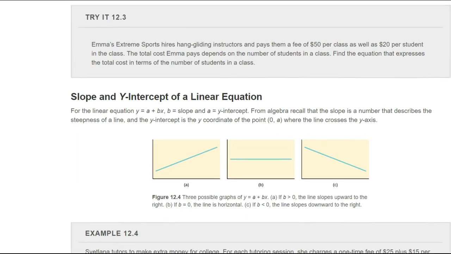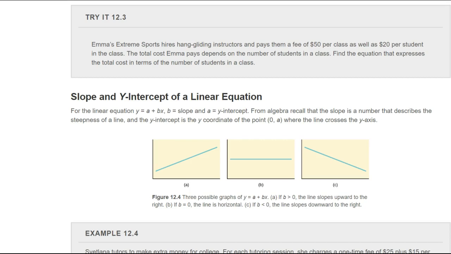All right, we have a couple of equations that we're going to work with, and one is our slope, and our other is the slope and y-intercept of a line. That is that y equals mx plus b, or in this case they say y equals a plus bx, where b is the slope and a is the y-intercept.